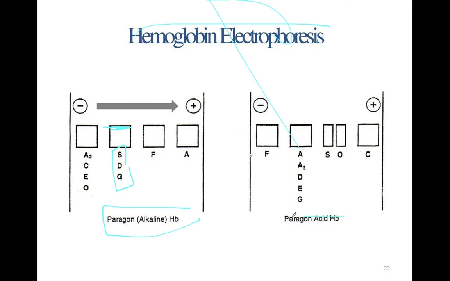So they said you can use acidic conditions to know whether it is S or C, but still E and O are together and D and G are together, so there is no benefit. That's why it's better to use HbA1c.